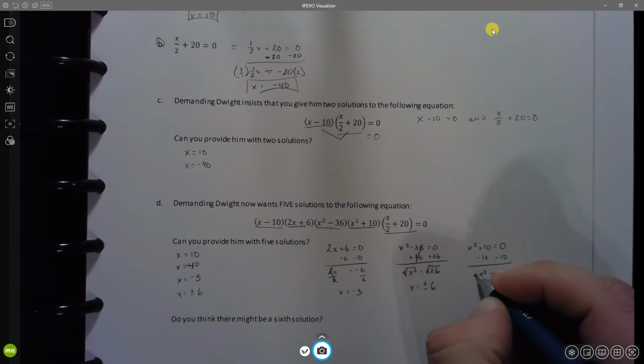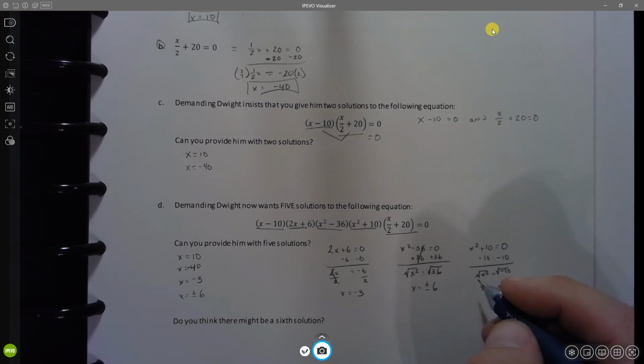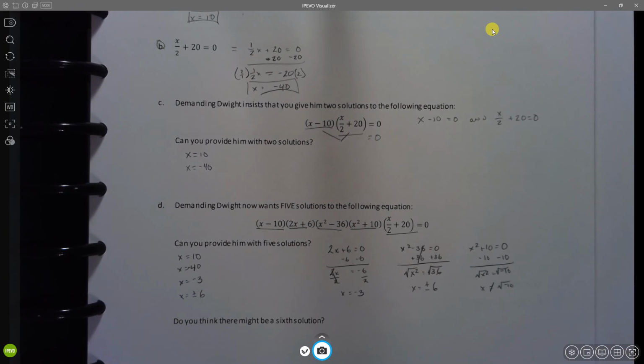The square root of both sides, okay, x equals the square root of a negative 10, and that is actually not true. There is no number that we can square to get a negative 10. So there is no way we can get a solution that will give me a 0 in this.